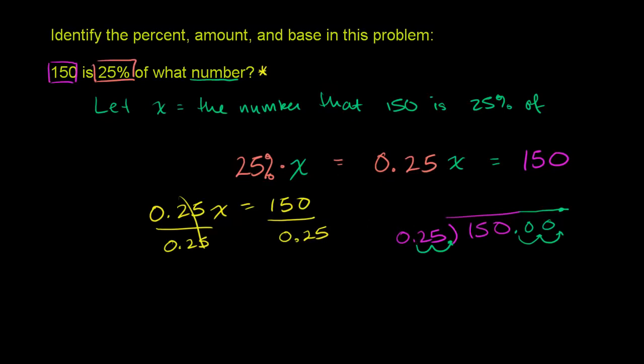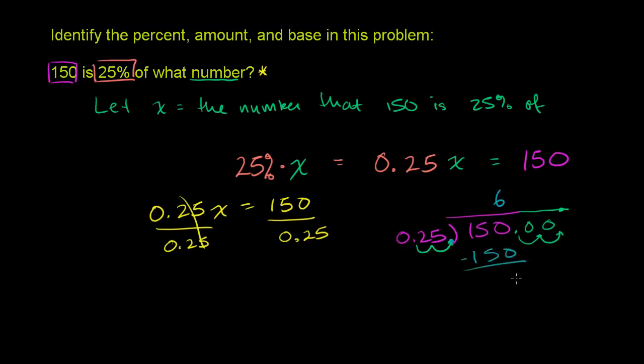And let's just work it out really fast. So 25 doesn't go into 1, doesn't go into 15. It goes into 150. What is that? 6 times, right? So it goes into 150 6 times. 6 times 25 is 150.